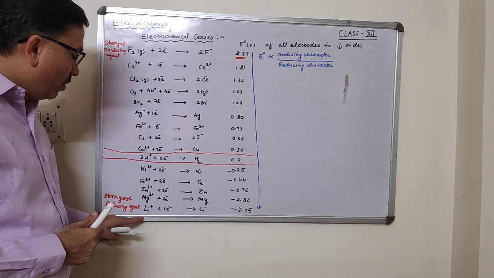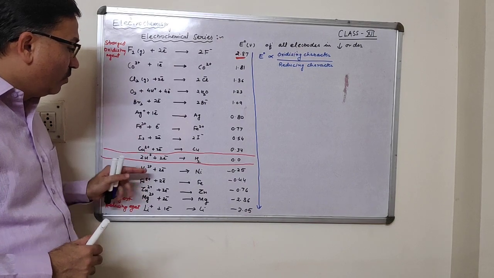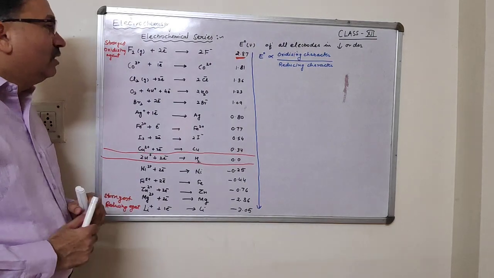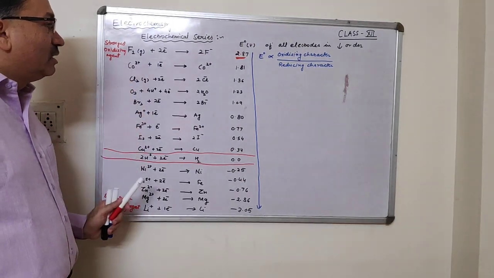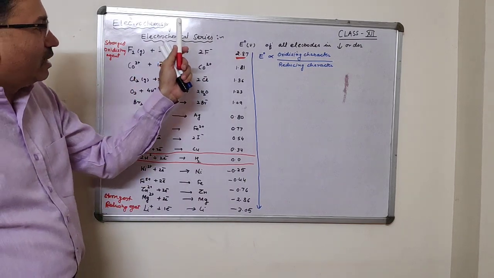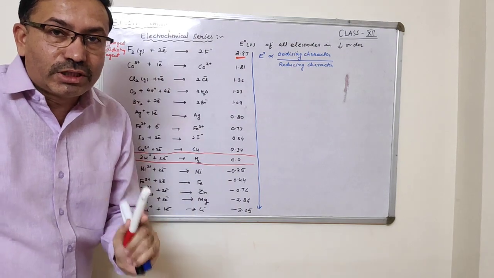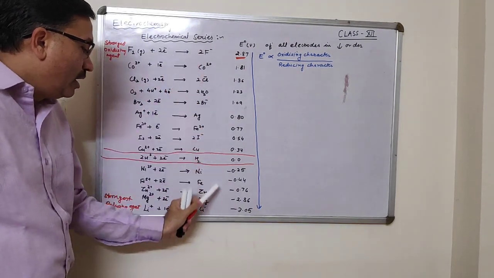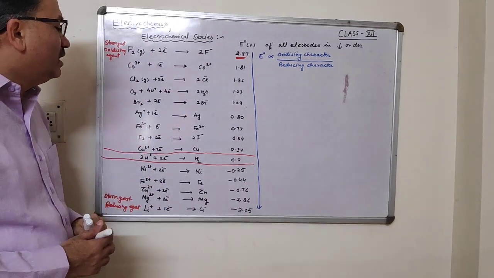And nickel, iron, zinc, magnesium, lithium are stronger reducing agents than hydrogen. So the first application: when we arrange the standard electrode potential of all the electrodes, not cells, in decreasing order, the series formed is called the electrochemical series.